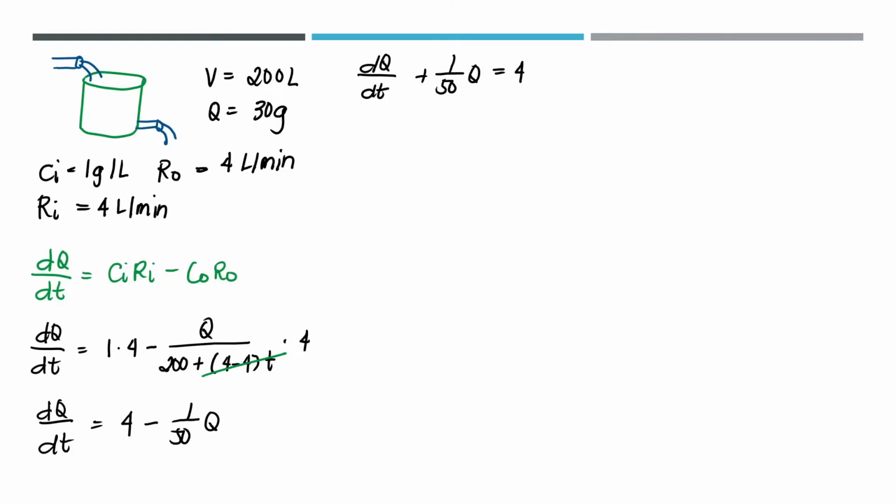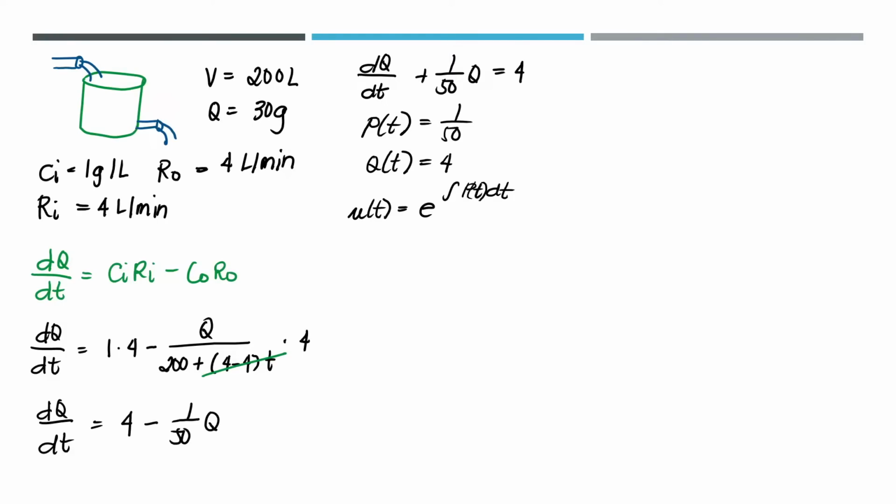So we have P of t equal to 1 over 50, and our Q of t is equal to 4. Let's get the integrating factor. We have mu of t, which is equivalent to e raised to the integral of P of t dt.